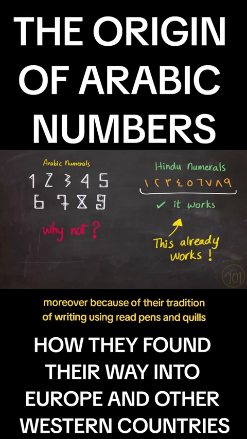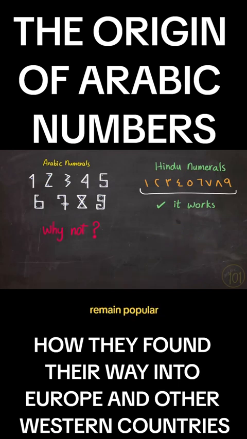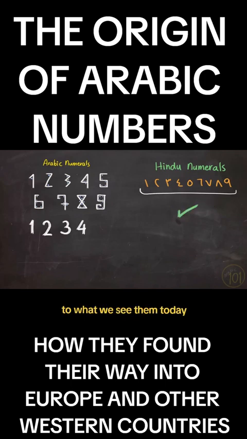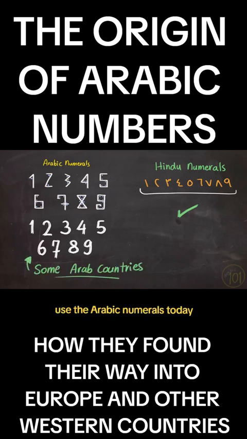Moreover, because of their tradition of writing using reed pens and quills, the angles of numbers were written in an unclear way, leading to confusion or some double interpretations. And so, these Hindu-Arabic numerals remained popular and kept getting adjusted to what we see them today. But still, there are some Arab countries that actually use the Arabic numerals today.